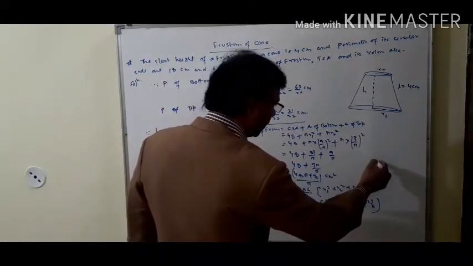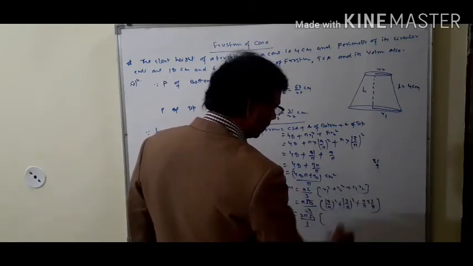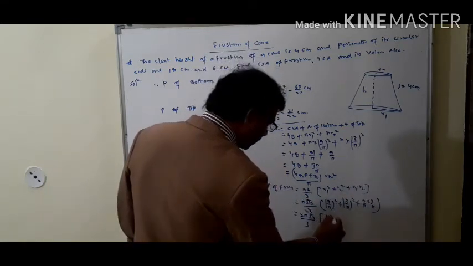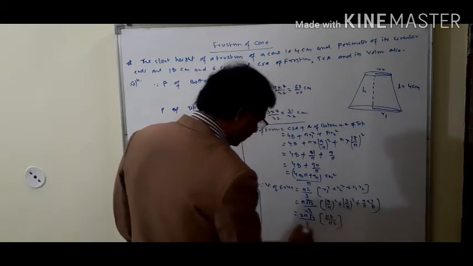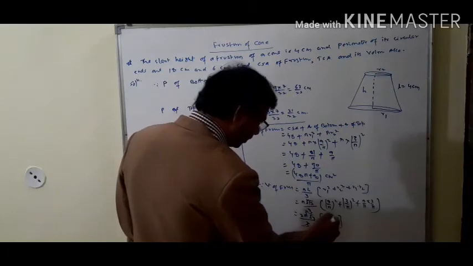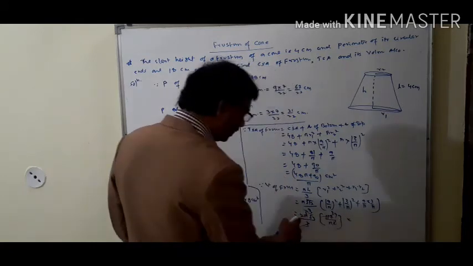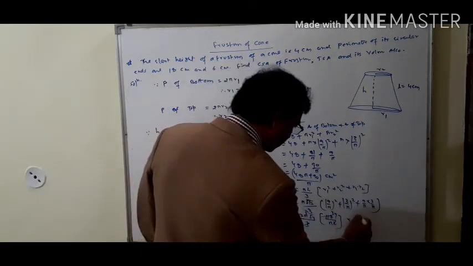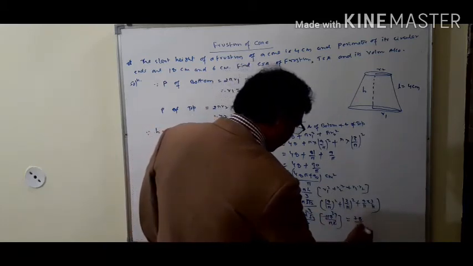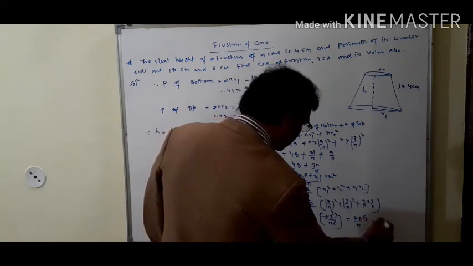81 plus 9 is 90, 90 plus 27 is 117. That means this will be 117 upon pi square. One pi and one pi will be cancelled, and by 3 this will be cancelled: 3 into 3 is 9, 3 into 9 is 27, and 39 into 2 will be 78. So this will be 78 upon pi root under 3 centimeter cube.